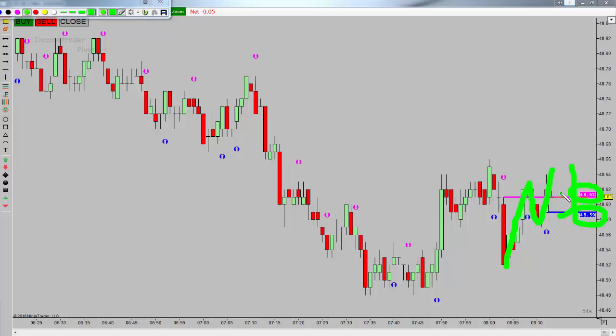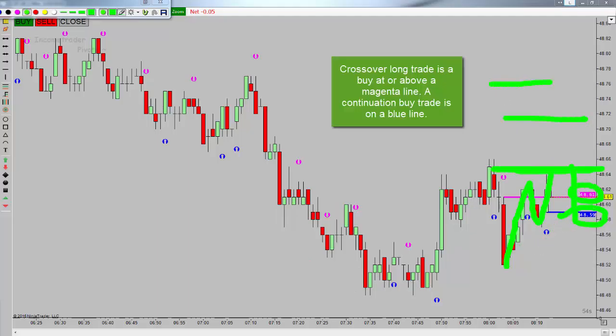I call this a crossover trade. It's a crossover from the downtrend into an uptrend. So eventually this blue line will be above here, and then the blue line will keep continuing to ride, and those will be continuation trades back to that blue line. This crossover is the initial changeover of trend, which is going to give you your most powerful move. So this is where you're going to want to do one of two things.